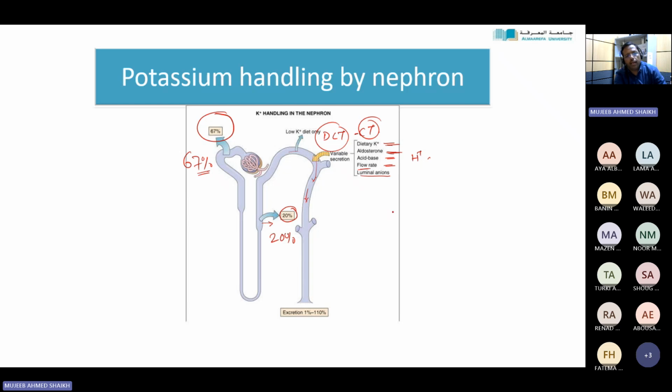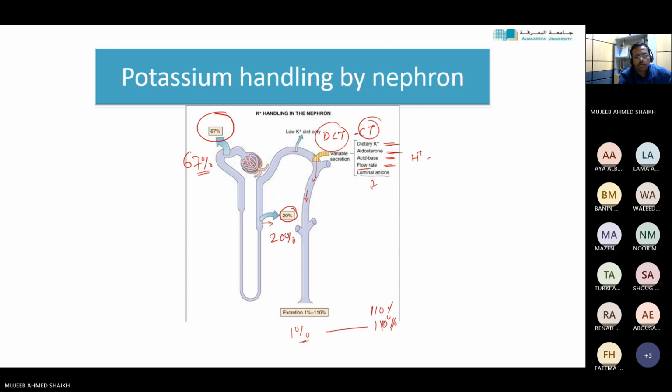All this will lead to regulation of potassium in the late DCT and CT. Based on these conditions, the excretion rate may vary from 1% of the total intake to 110% of the intake, where all is excreted plus an added amount.